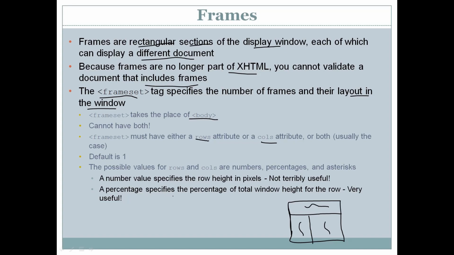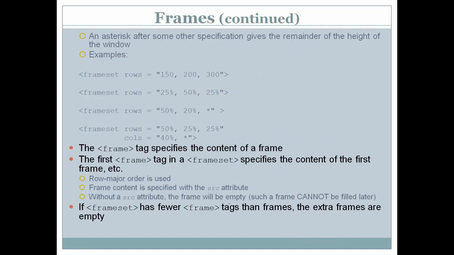A percentage specifies the percentage of total window height for a row, which is very useful. It is useful to use values in percentage instead of values in pixels. Let us look at an example here to understand it in a better way. An asterisk after some other specification gives the remainder of the height of the window.